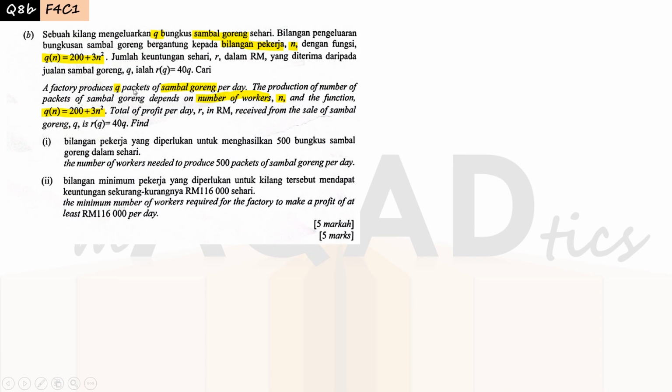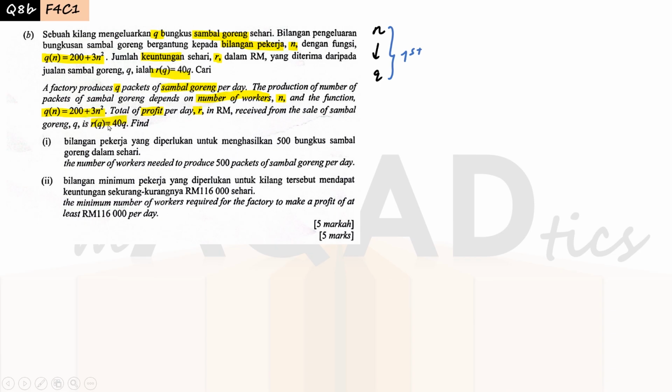Okay, so this means I need to know N, only then can I know Q, right? Because with the number of workers that I have, I can determine how many sambal goreng can be made from these workers. So this is the first function relation. Then it says total profit per day, which is the third unknown, R, is received from the sale of the sambal goreng packets, right?